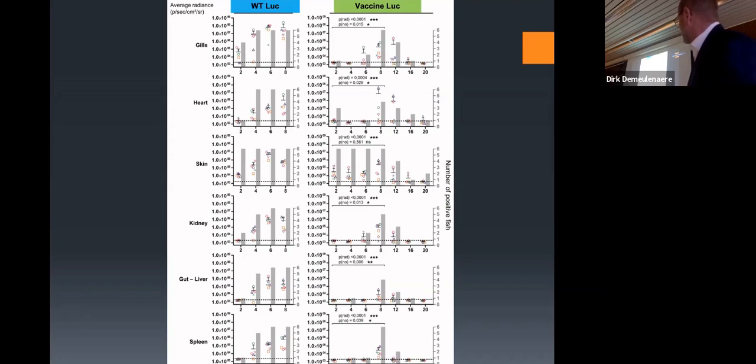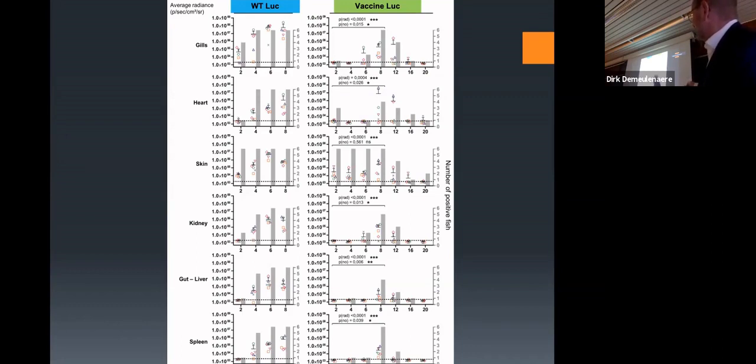If you look at the vaccine strain, let's start with the skin. It's very interesting. All the fish are positive on day 2, just like for the wild type, but then the signal does not build up like we observe for the wild type, and it's sustained for a couple of days and then it disappears. Now, about the other organs, you see that they turn positive at some stage, but it takes some time.